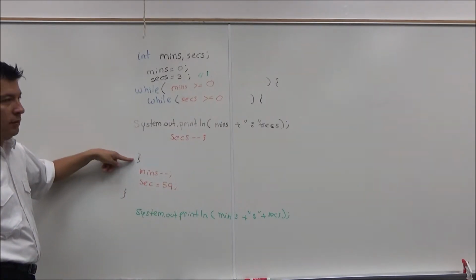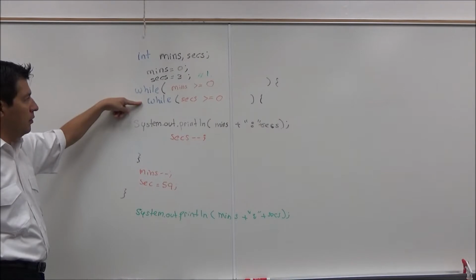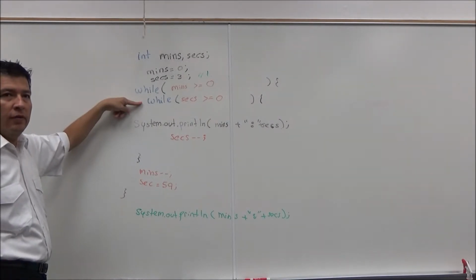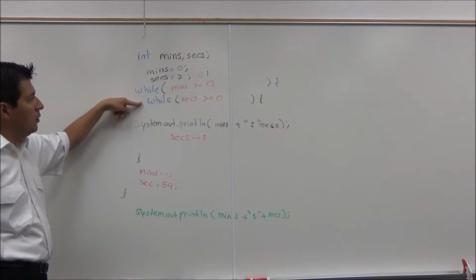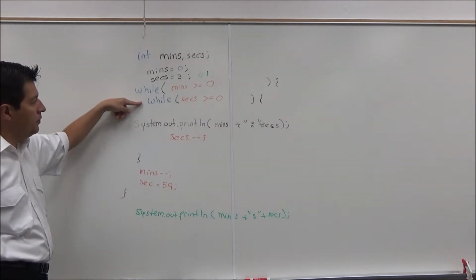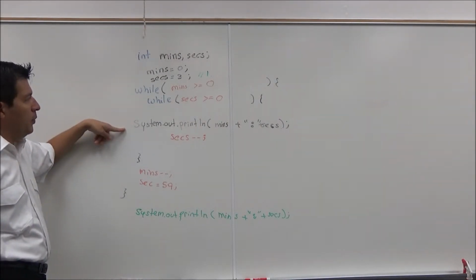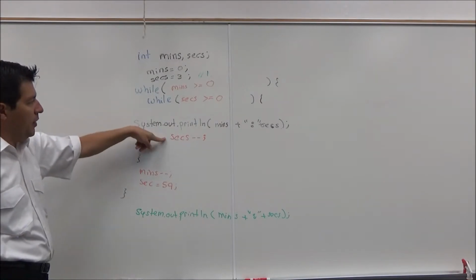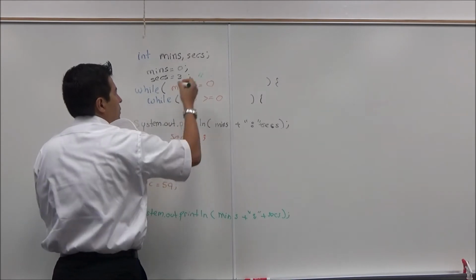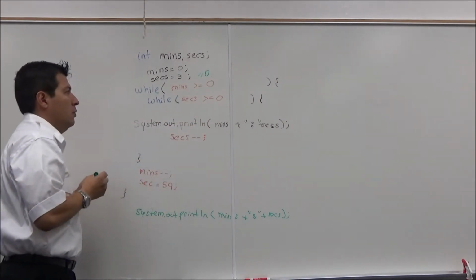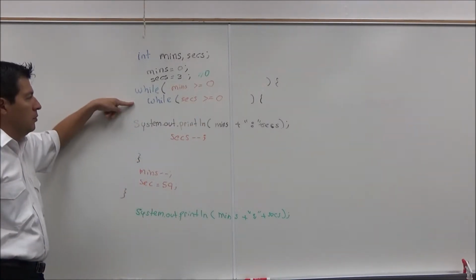It's the curly bracket, so it goes back to the matching curly bracket. 1 greater or equal than 0. At this point, it doesn't remember it's inside another while loop. Right? 1 greater or equal than 0, yeah. So then display 0, 1, and then decrement seconds. So seconds now is 0. So now it goes back.